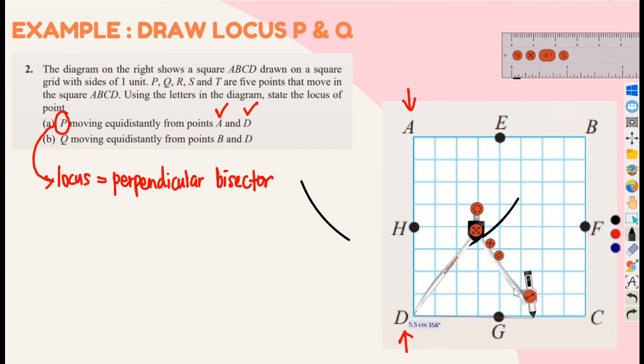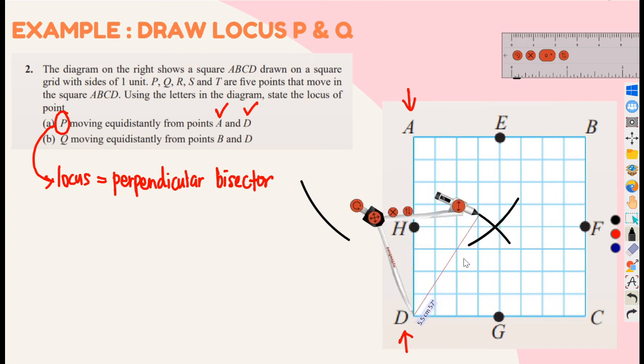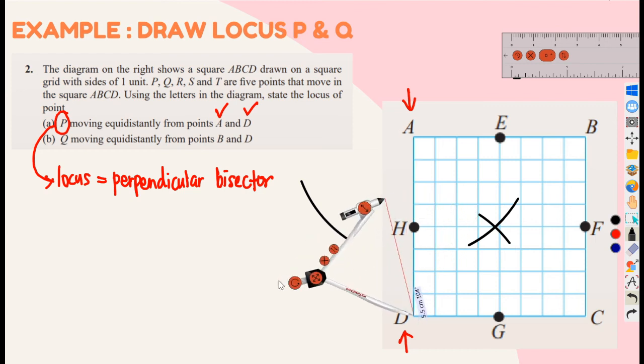So you need to draw one here, and another one is here.